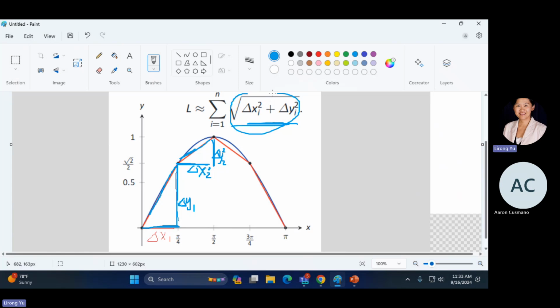So the idea is that maybe we can have more than 4. Maybe we make it even more detailed, going from here to here, and then to here, and then here, and then here. If the number of line segments gets larger, then maybe the calculation of the total distance will be better.